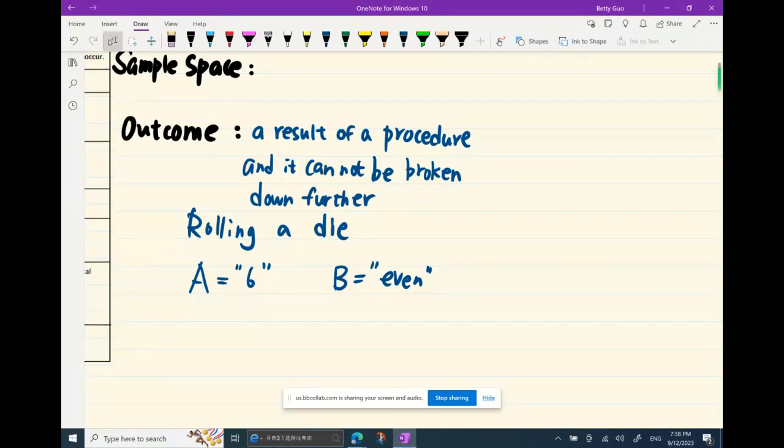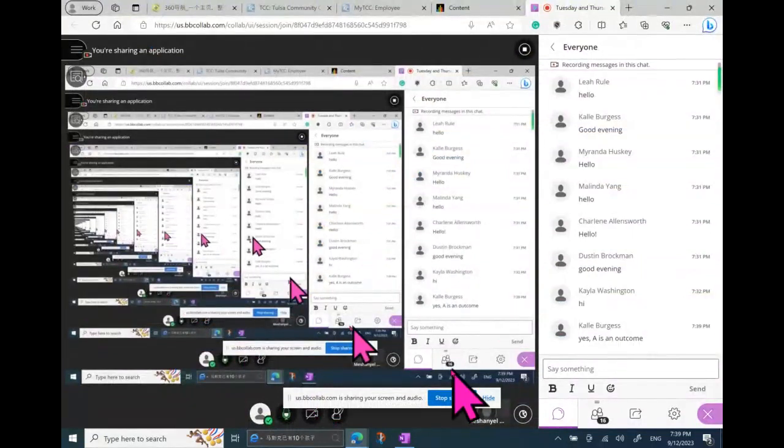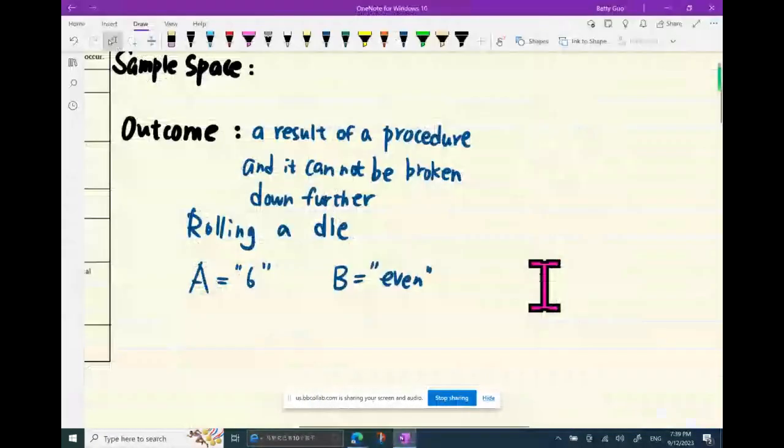Is A an outcome? The definition says a result of a procedure that cannot be broken down even further. Are we able to break the result number 6 down even further? Perfect. A is an outcome, because it cannot be broken down even further.